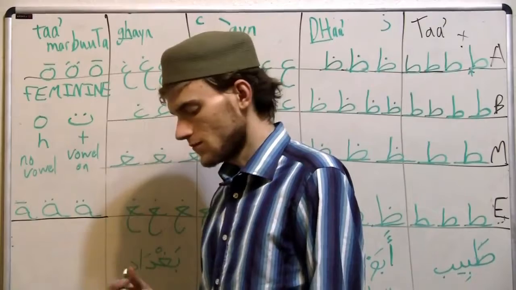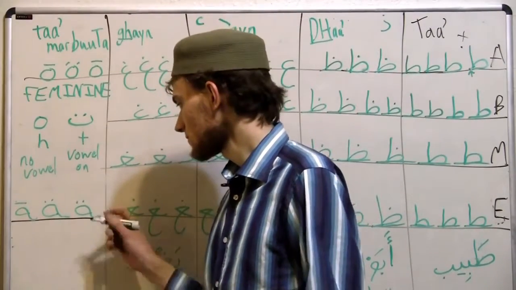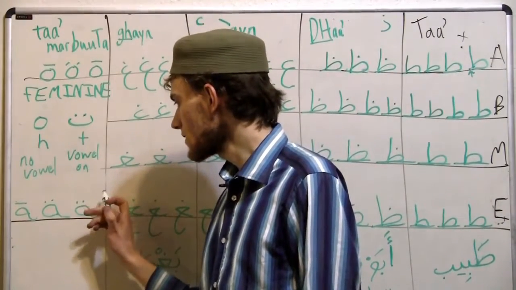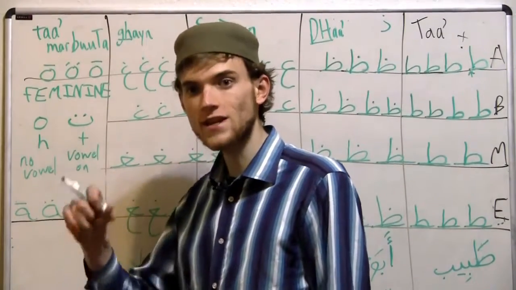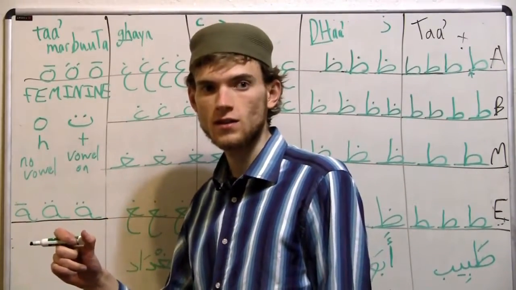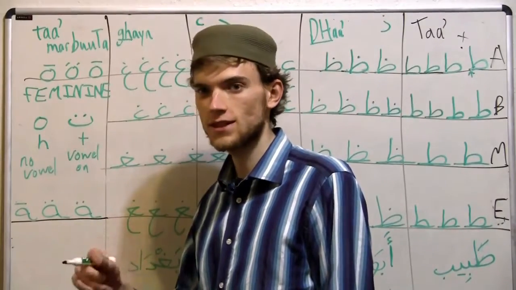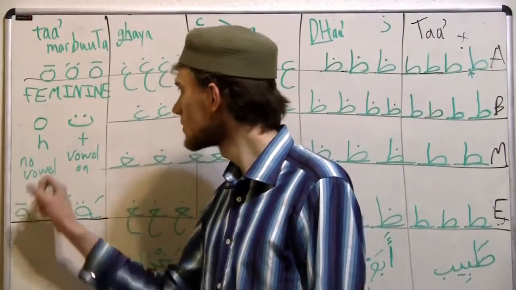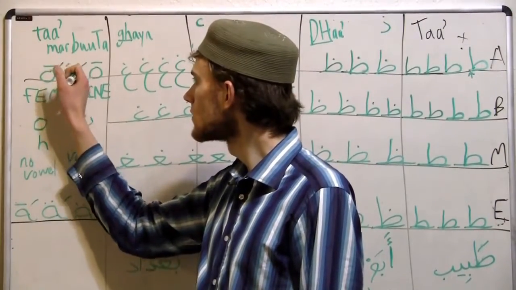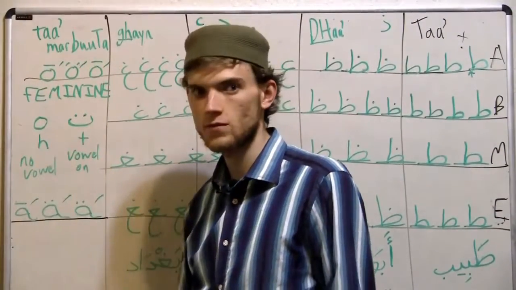So, one more final thing. This letter, or this symbol, it always has a fatha before it. Every single time we see it, it always has a fatha before it. Always fatha before it.